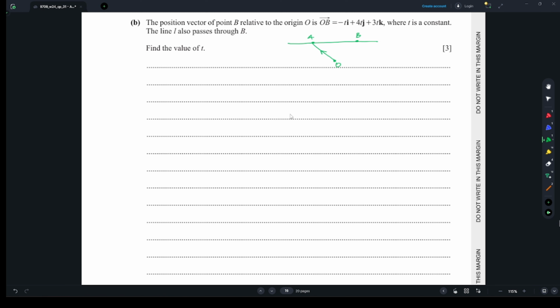So you know this one, you know this one, and so on. Right? So this is OA, this is OB. So OB is also given. So we know the vector equation of the line.